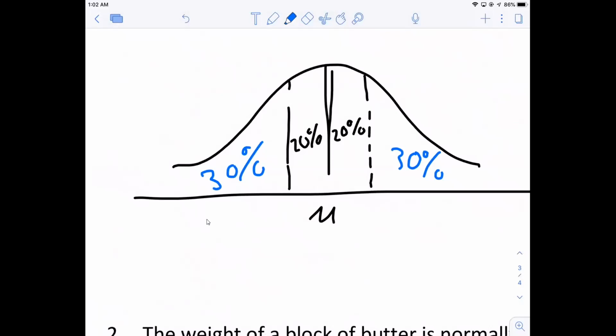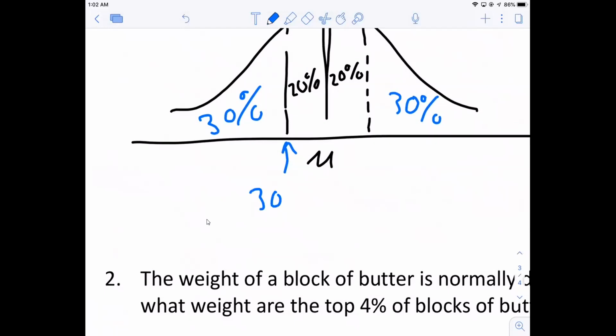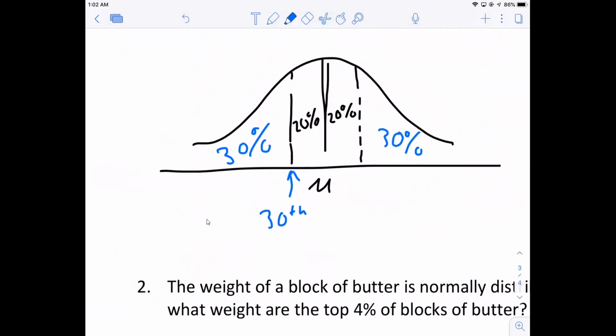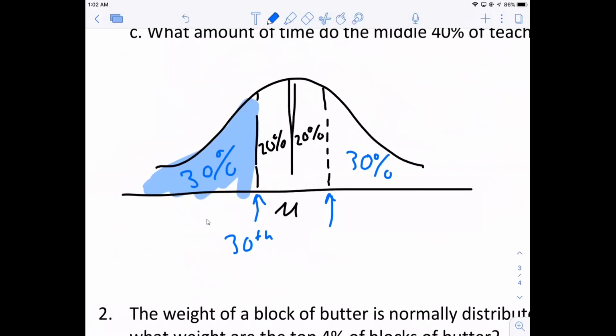Again, we're doing left bounded areas. So what we would do first is get the 30th percentile, right? By doing an inverse normal with this 30%. And to get this upper bound here, we would do an inverse normal with 30 plus 20 plus 20, which is 70%.